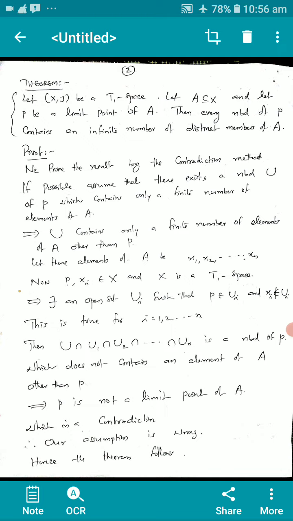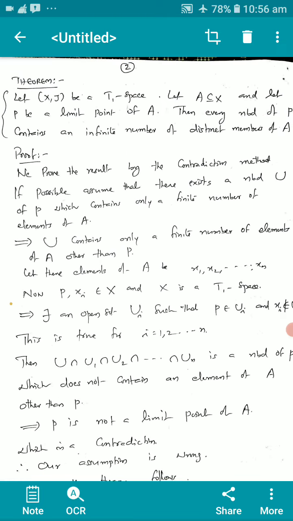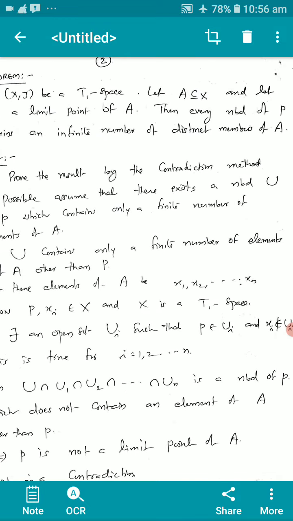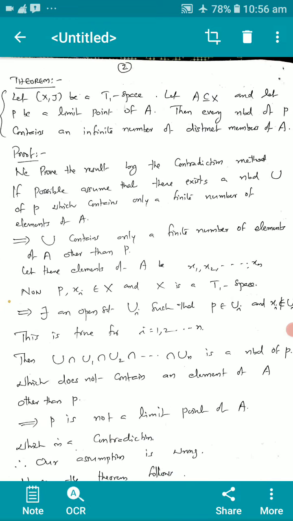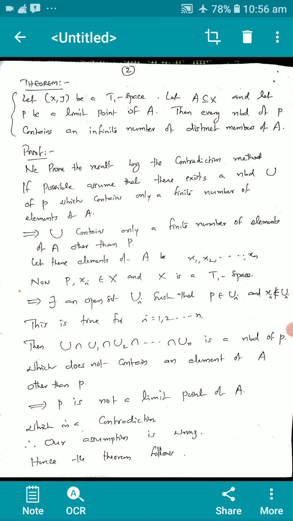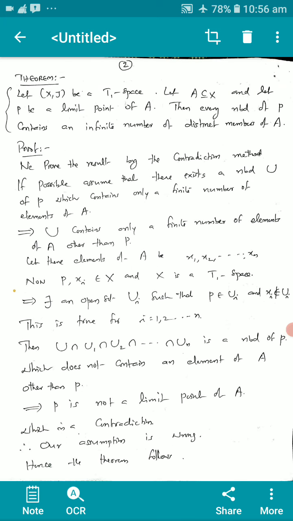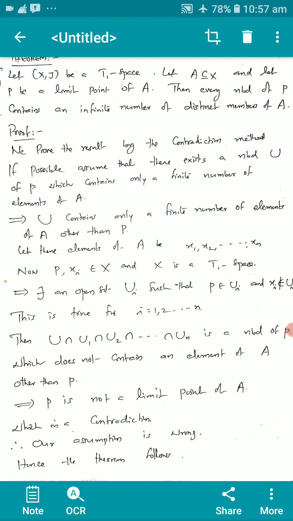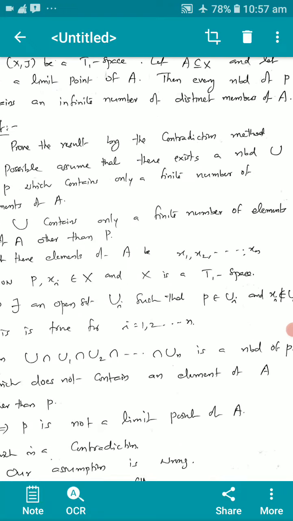One theorem we are discussing. Let X be a T1 space, let A be a subset of X, and let P be a limit point of A. Then every neighborhood of P contains an infinite number of distinct members of A. We will discuss it with the proof. We prove the result by the contradiction method.